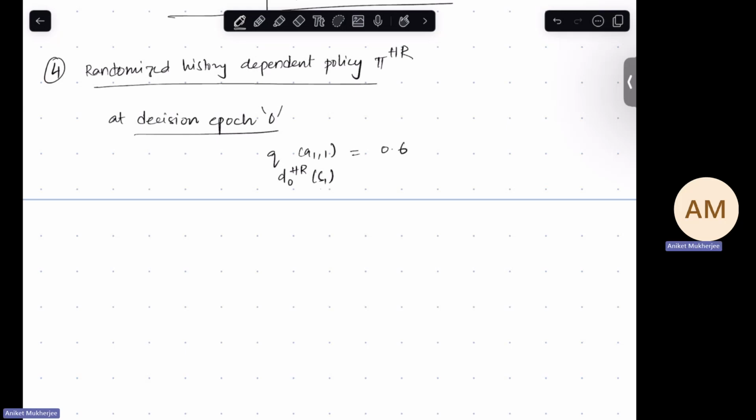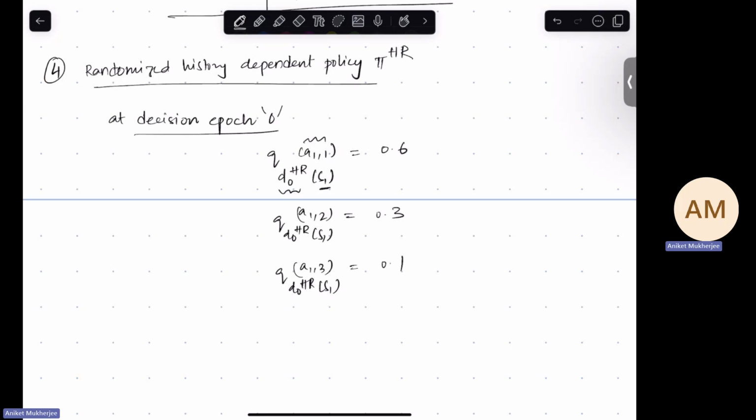So what this means is if you're at state S1 and if you're taking this randomized history dependent policy, then you take action A11 with probability 0.6. If you're at state S1, you can also take A12. You take action A12 with probability 0.3. If you're at state S1, you can also take A13.